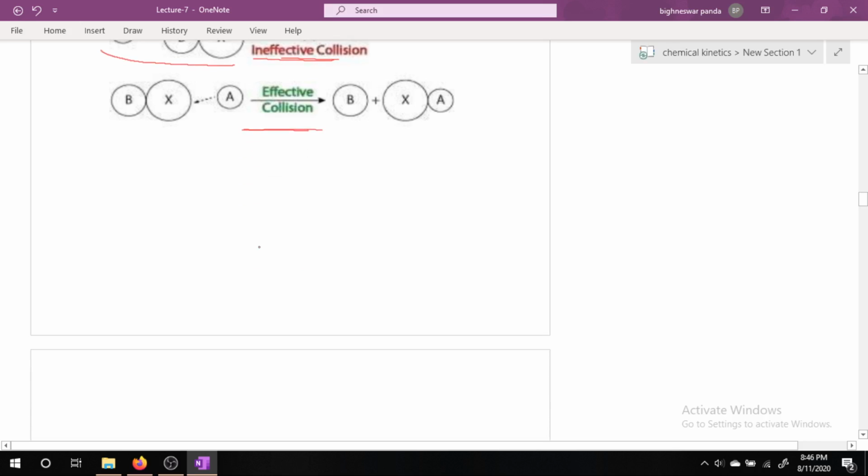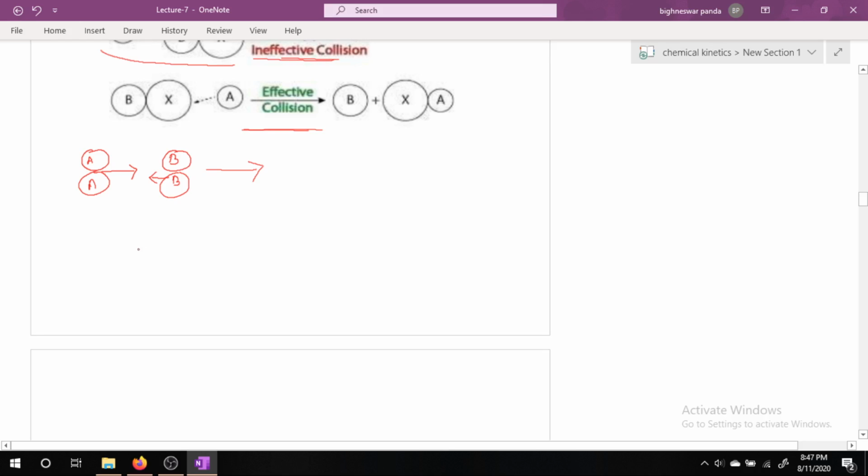So we have considered two types of molecule, that is A2 and B2. Let us consider proper orientation: this A2 molecule undergoes collision with B2.